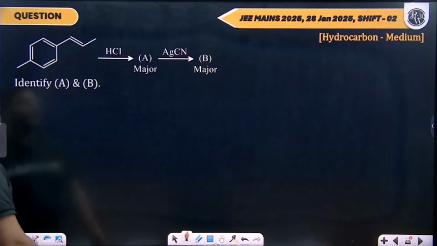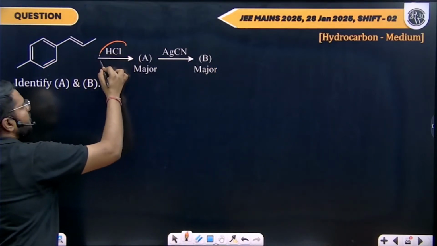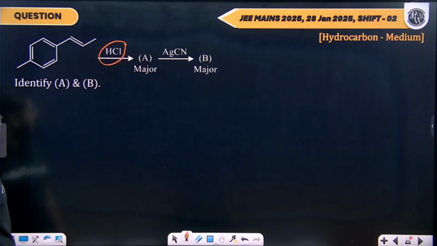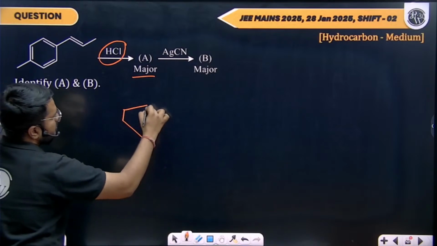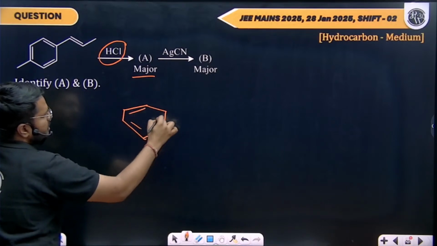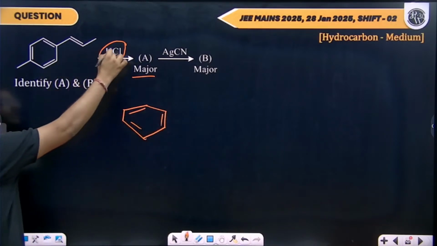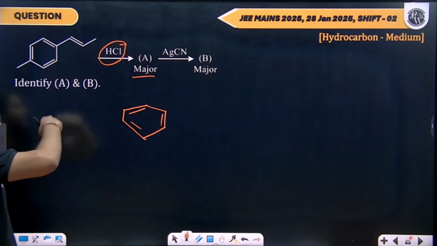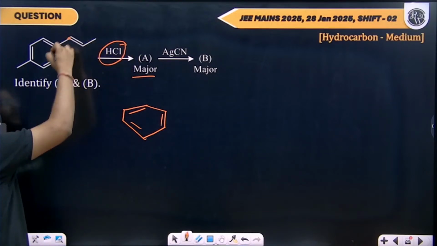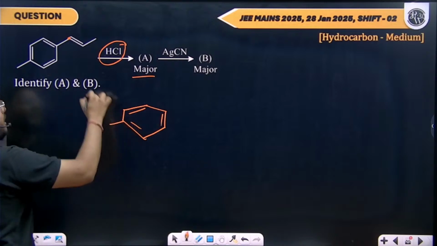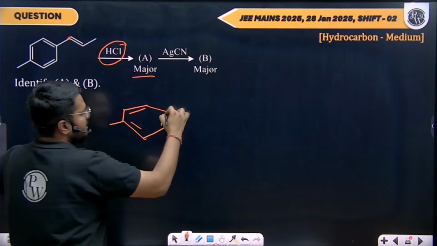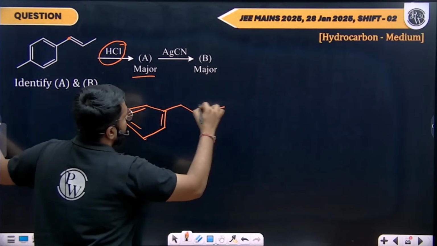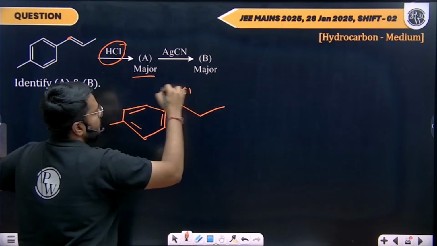Okay, so simple. In that case, we have to show an addition reaction using Markovnikov's rule. According to Markovnikov's rule, the negative part goes to the carbon which contains fewer hydrogens. Apart from that, it can also form a carbocation, which is the most stable because it is benzylic in nature. That is why it can form Cl.